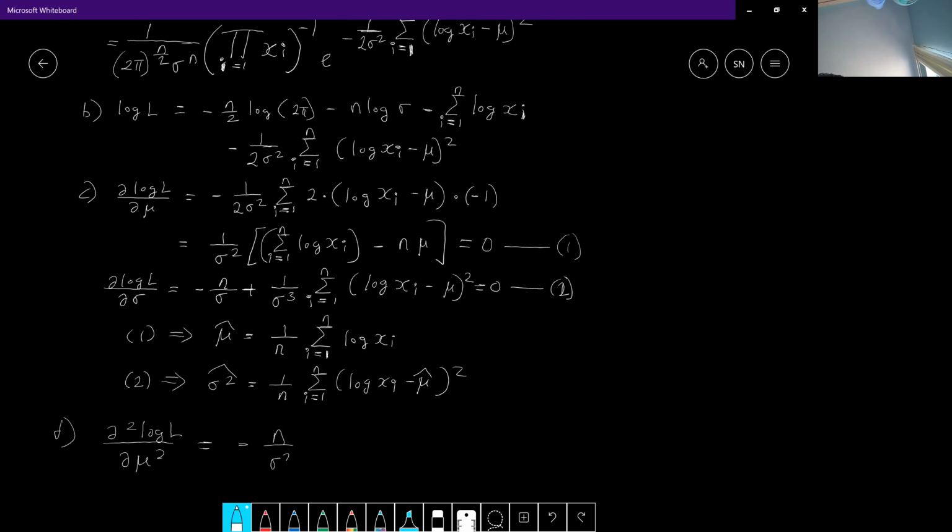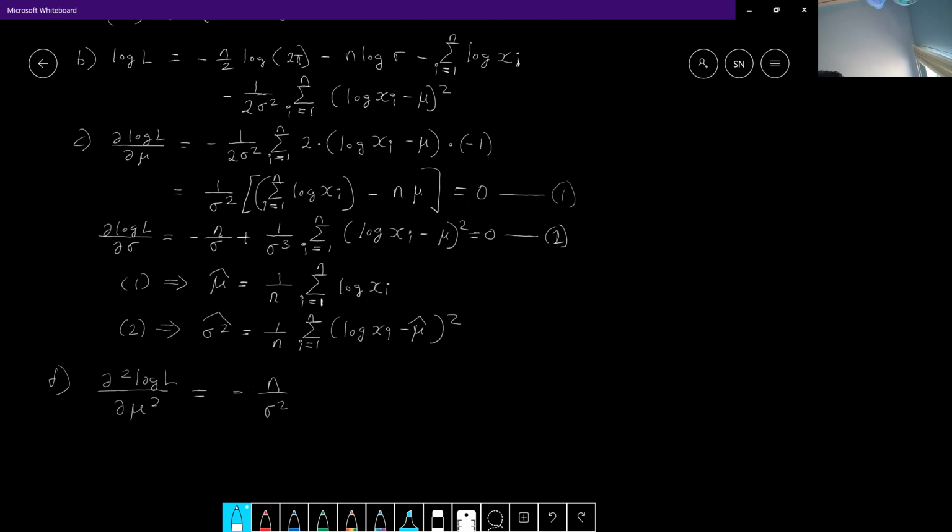This is the second order partial derivative with respect to sigma, and with respect to mu. With respect to sigma, you will get n over sigma squared minus 3 over sigma to the power 4 times this.